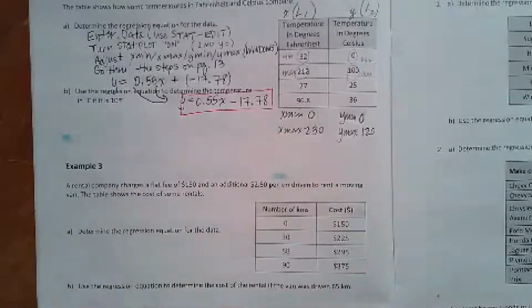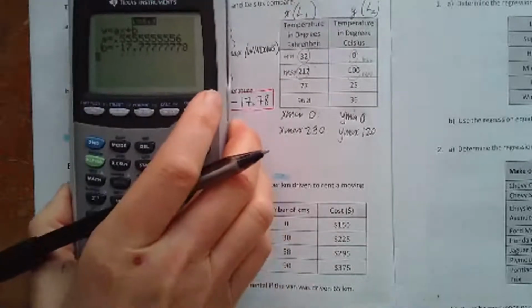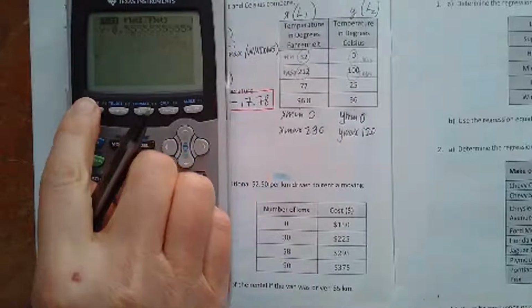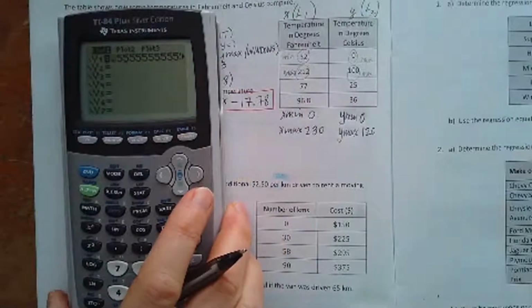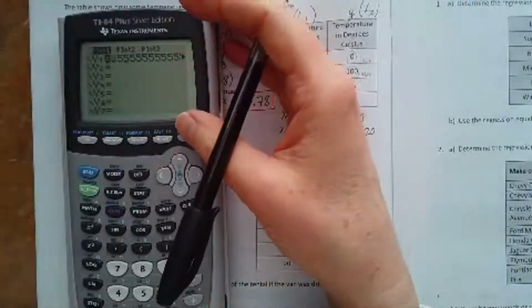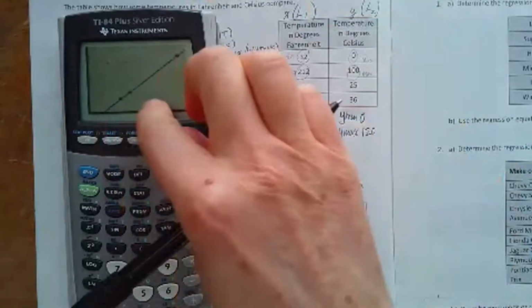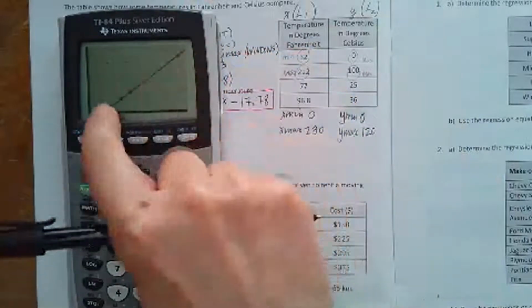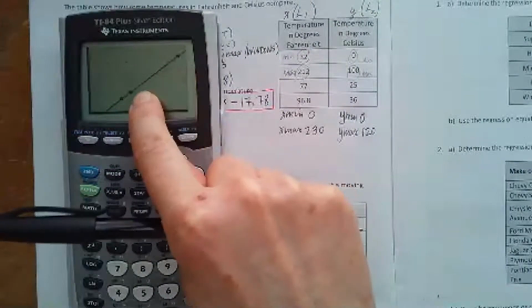Now, the beauty is, if you look at this, this is the important thing. When I press my y equals screen, all the data was placed into a y equals screen. And the most important thing is when I press graph, not only do I have the points plotted, but I have the line running through it. When I get the line running through it, that's the model.